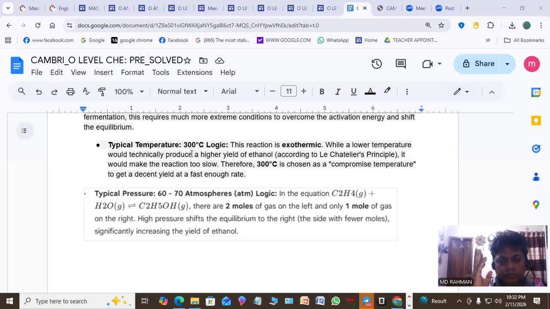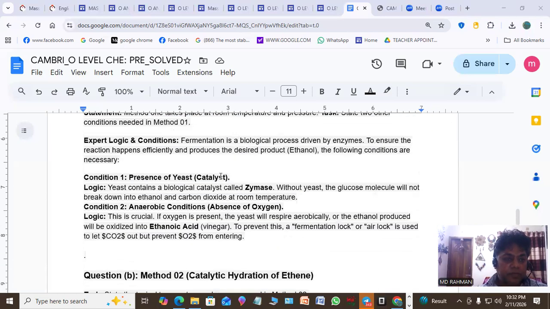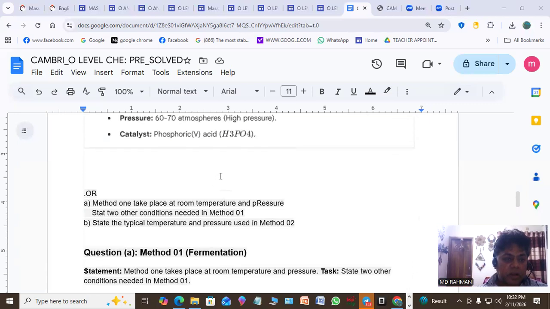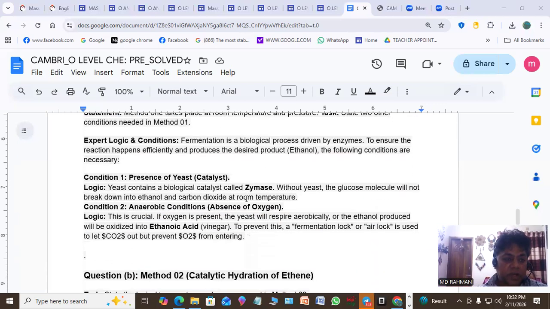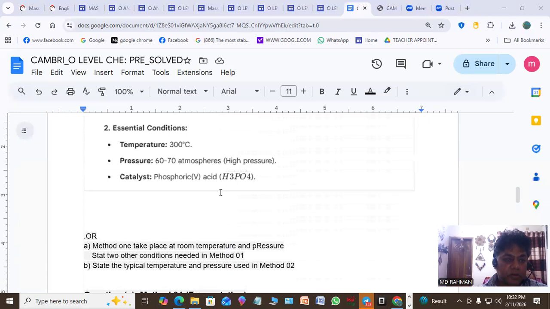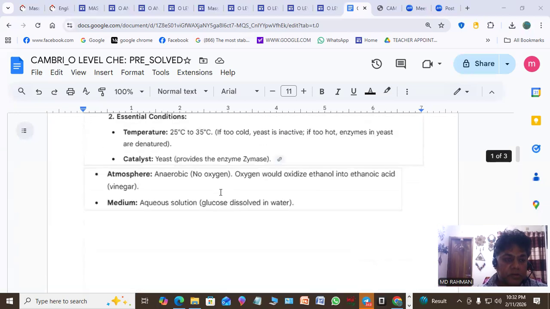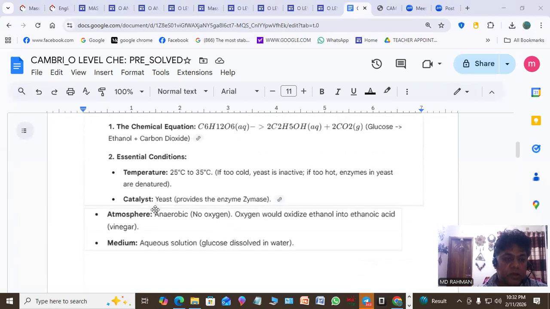Number one, 25 to 35 degrees centigrade temperature, right? And then, take a look: catalyst yeast, anaerobic condition, and aqueous condition.